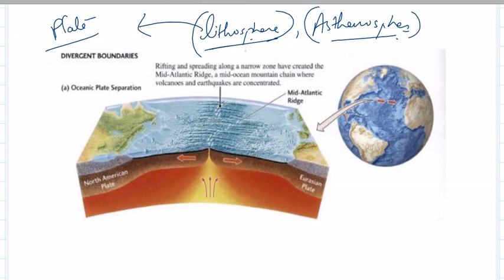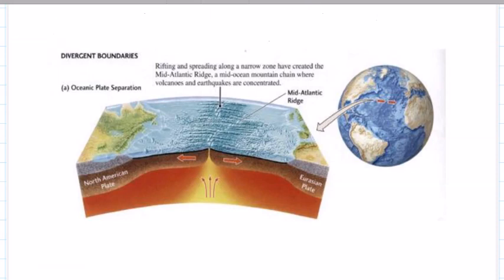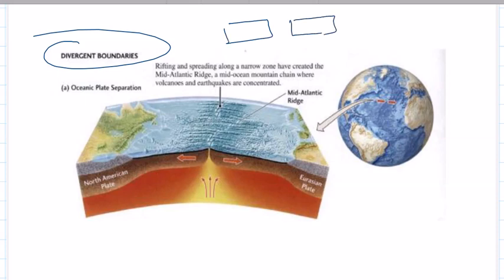Today we are going to discuss divergent plate boundaries, those plate junctions where two plates are moving away from each other in opposite directions, and we will discuss the landforms which are created by this geotectonic phenomenon.